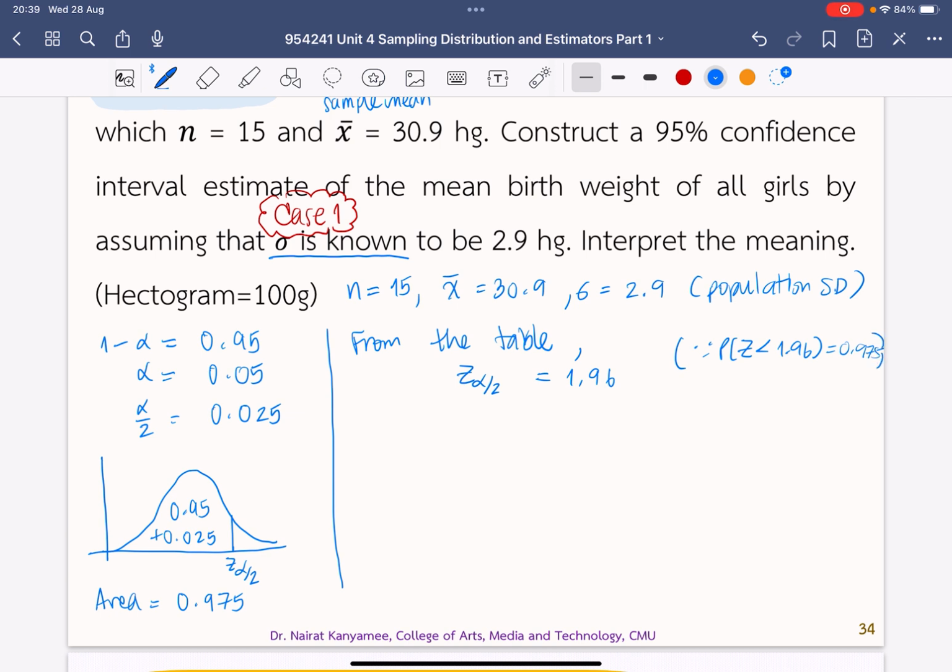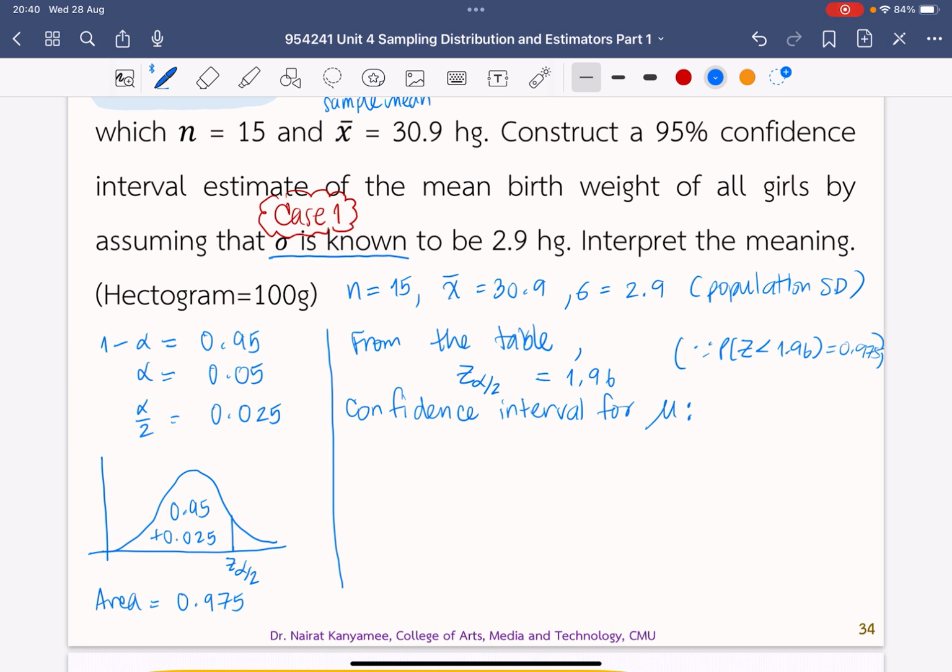Okay, so the confidence interval for mu, we are looking for the population mean of all girls.